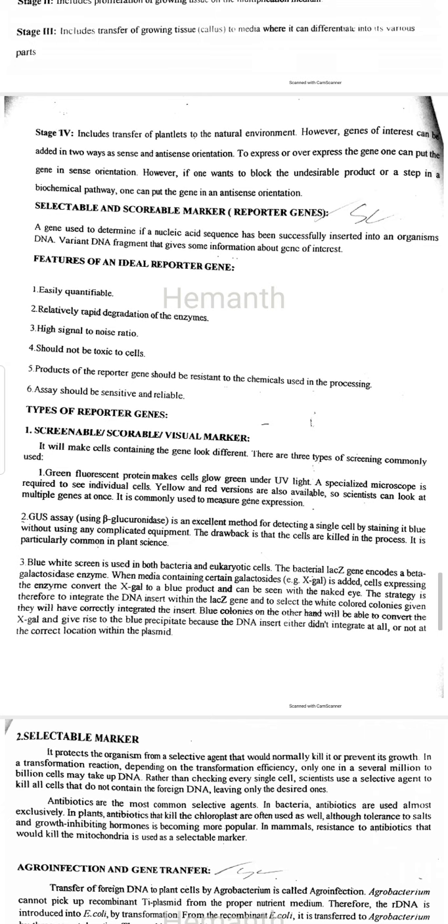And fifth, the products of the reporter gene should be resistant to the chemicals used in the processing, and its assay should be sensitive and reliable. And types of reporter gene.